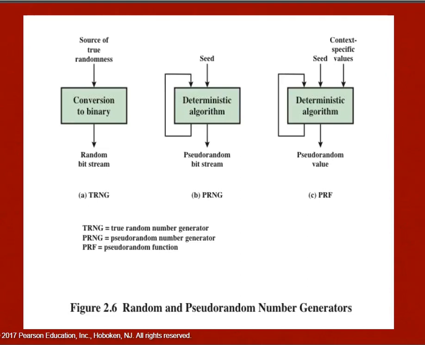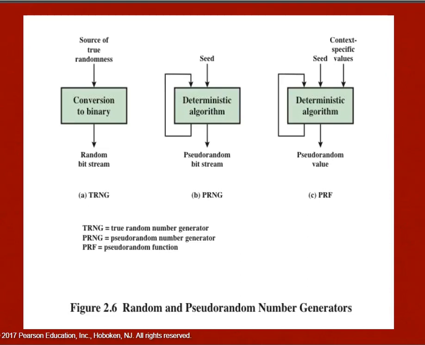Next to the true random number generator, there are two forms of pseudo-random generation, depending on the application: a pseudo-random number generator, PRNG, and a pseudo-random function, PRF. An algorithm that is used to produce an open-ended sequence of bits is referred to as a PRNG.